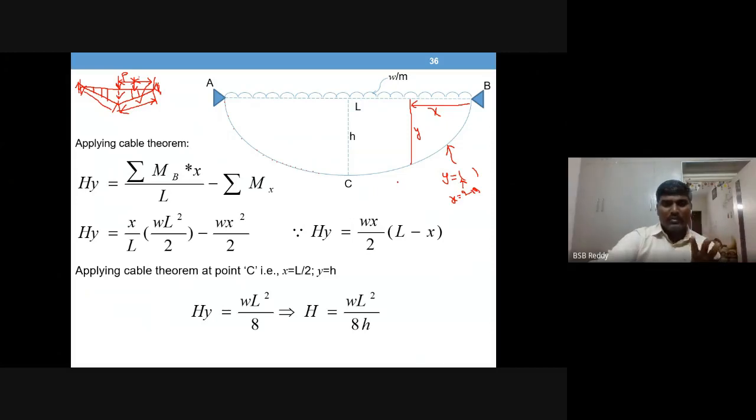So what we need from a cable subjected to UDL is the equation of the deflected cable, because if you want to know the sag value at some particular point, when you substitute the x value where you want the sag value, you will get the sag value, right?